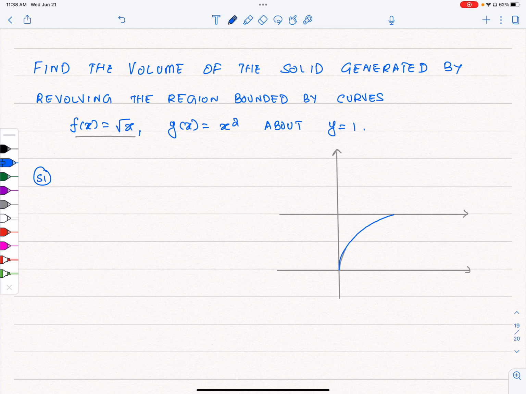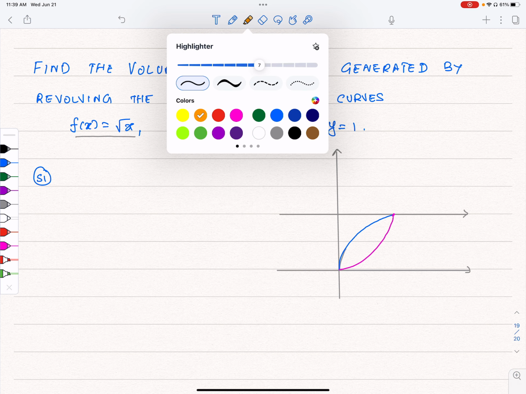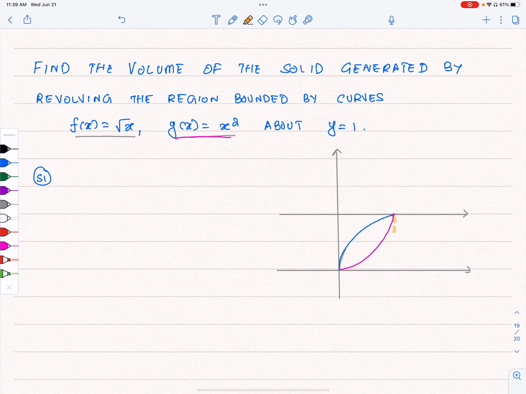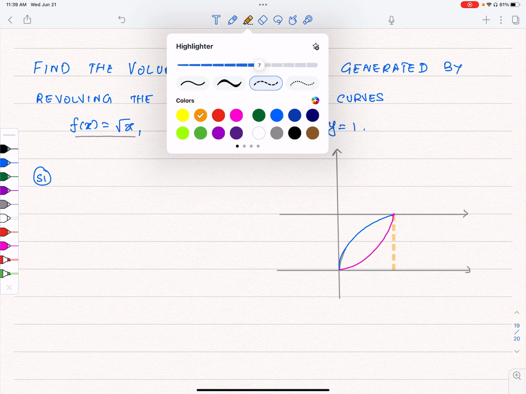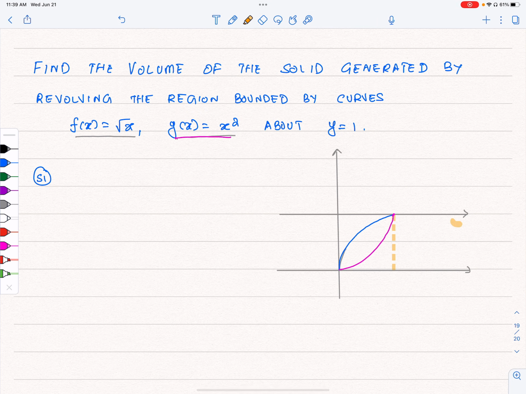And x squared is gonna go something like this. Let's say the point of intersection is going to be 1, right? So it's going to go down all the way here, right? And we are rotating this along y equals 1 this way.